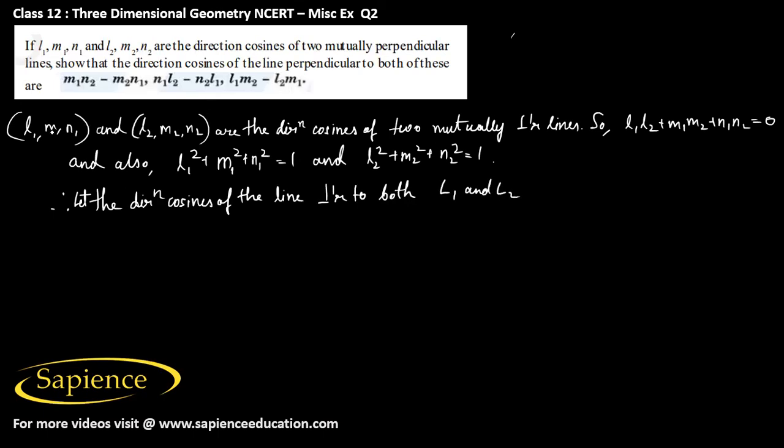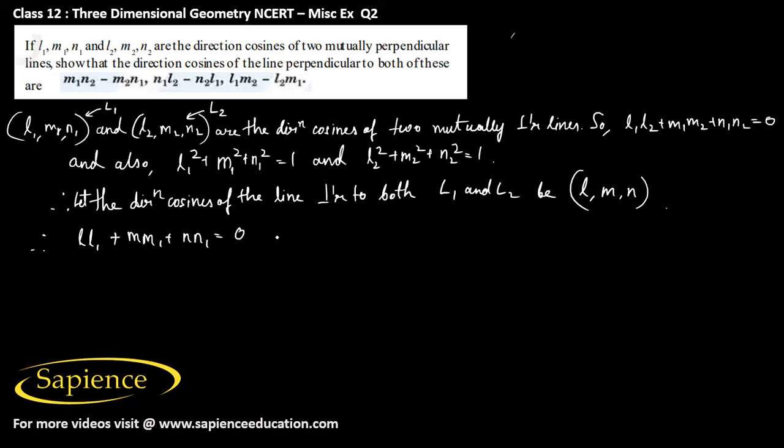Let's say the direction cosines of the first line are L1, M1, N1, and for the second straight line they are L2, M2, N2. So the direction cosines of the line that is perpendicular to both be, suppose, L, M and N.